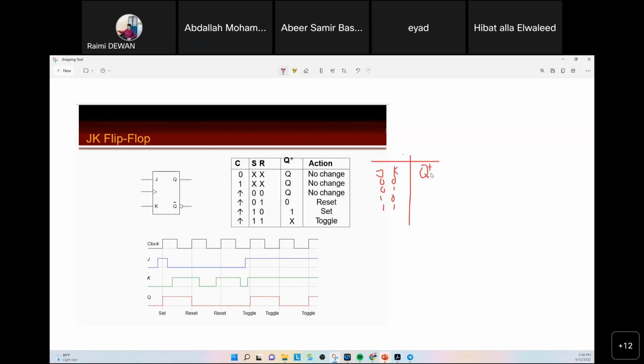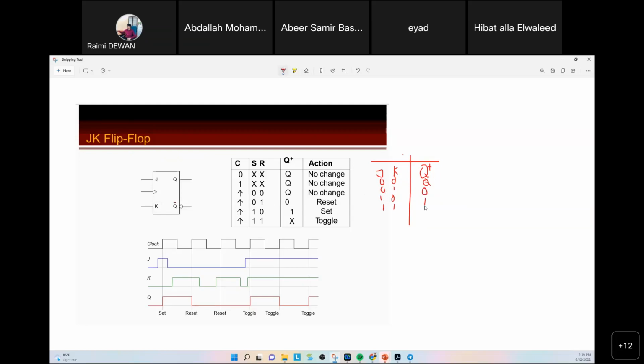Now, for the JK flip-flop, if both are 0 0, given that it is a positive edge trigger, there is no change, so Q plus will be Q. The next one, if we have 0 1, it's like reset, so at the positive edge trigger it will reset to 0. And then 1 0 at the positive edge trigger will set, meaning it goes to the value of 1.